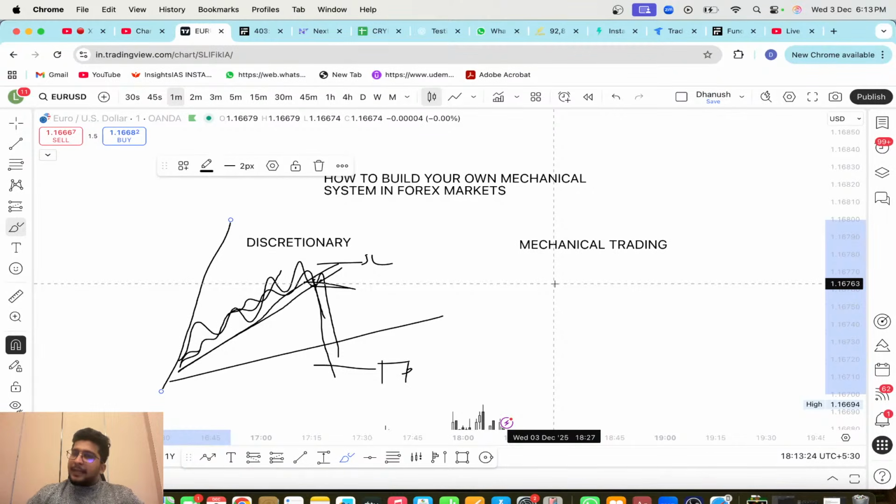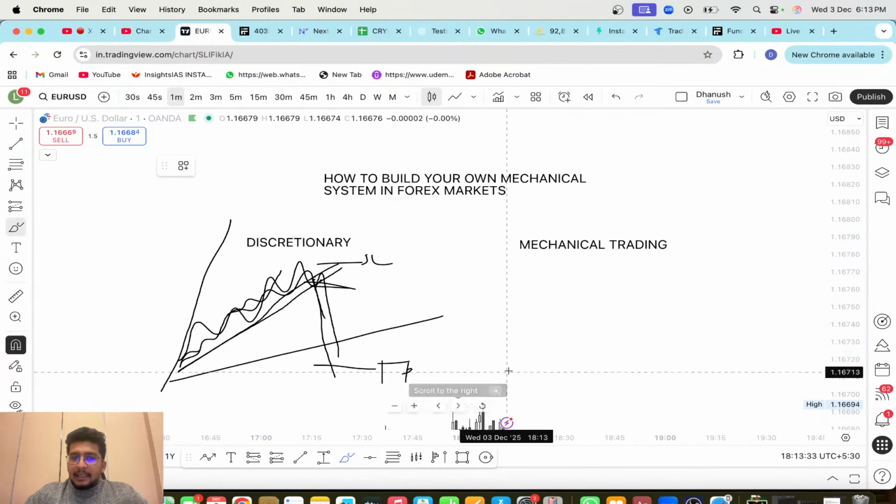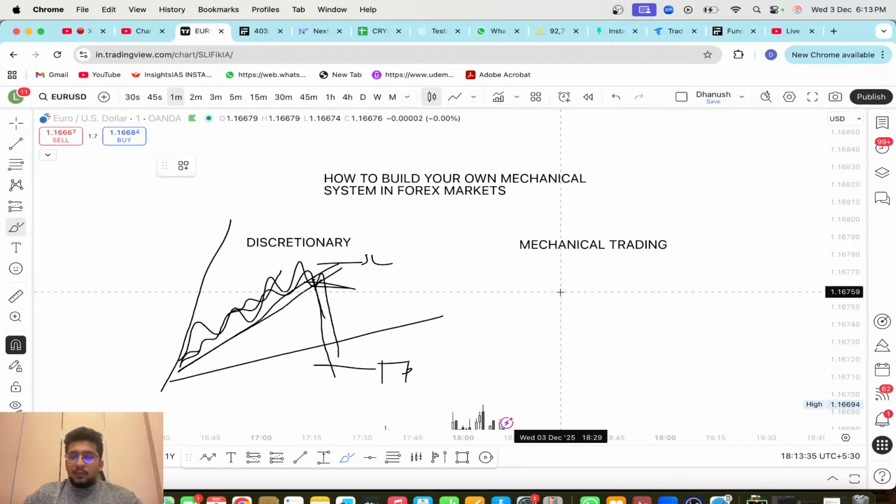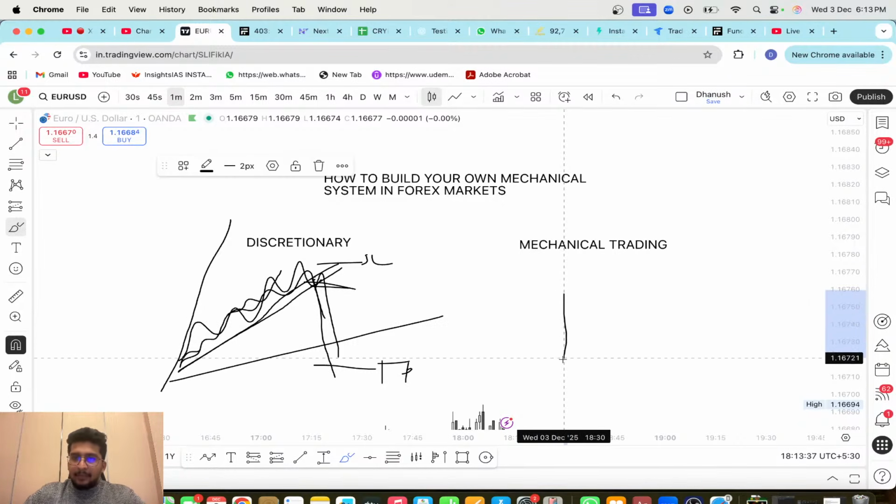No. Basically, a mechanical system is rule-based trading, which means, for example, let's take a candle. Let's say we choose the 6 o'clock candle.